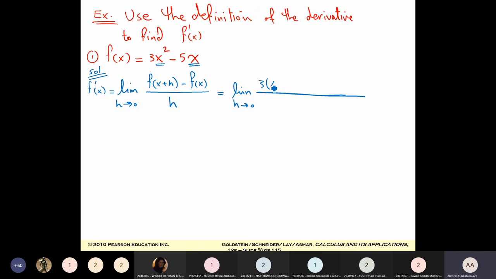Replace x with x plus h squared minus 5 times x plus h. This is f of x plus h. Just remove x and put x plus h. Minus, what's the value of f of x? F of x equals 3x squared minus 5x. This is f of x. Over what? Over h.